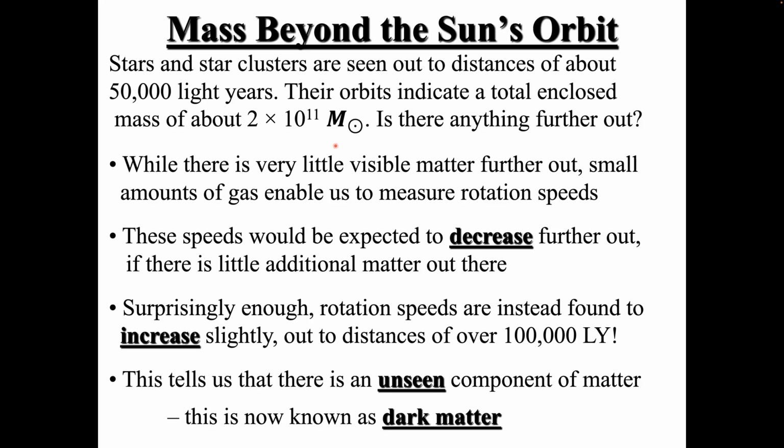Actually, it seems like there is very little visible matter further out. If you look through different telescopes, across the electromagnetic spectrum, like X-ray and all kinds of telescopes, there is very little visible matter further out, and a small amount of gas which enables us to measure the rotation period. So there is a small amount of gas further out.